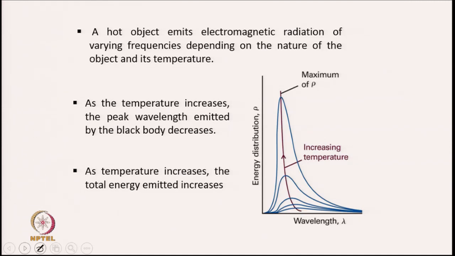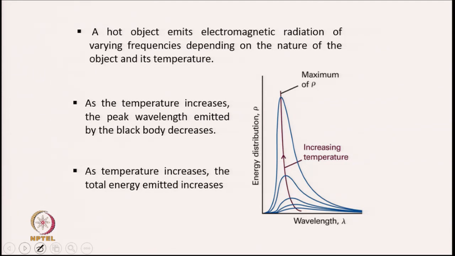A hot body emits electromagnetic radiation of varying frequency depending on the nature of the object and its temperature. As the temperature increases, the peak wavelength emitted by the black body decreases. What that means is, if we increase the temperature, the emission will be of higher frequency light.